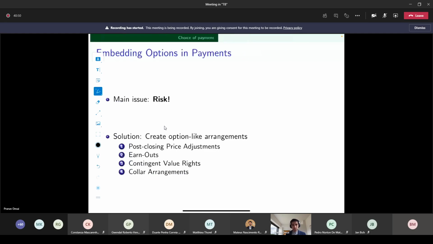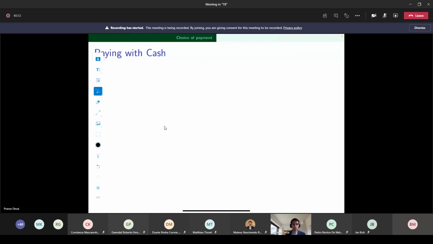So let me just repeat this exercise in case you're also paying with a cash component. The example that we covered with respect to this is Facebook paying for Instagram with, if I remember correctly, $300 million worth of cash and $700 million, at the time when the deal was struck, of stock. This is a paying with both scenario.